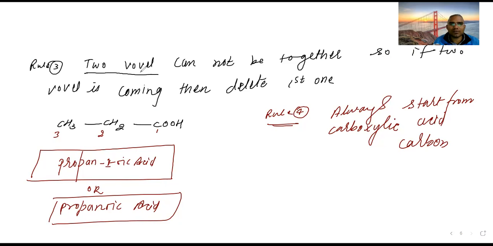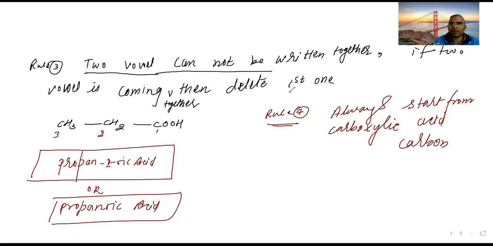Two vowels cannot be written together. If two vowels are coming together, then delete the first one.